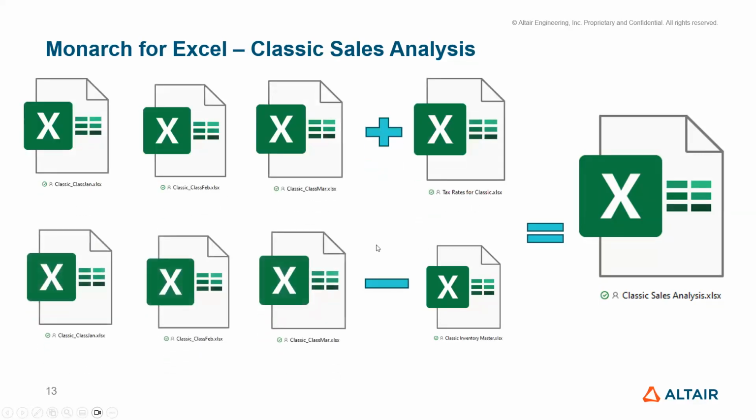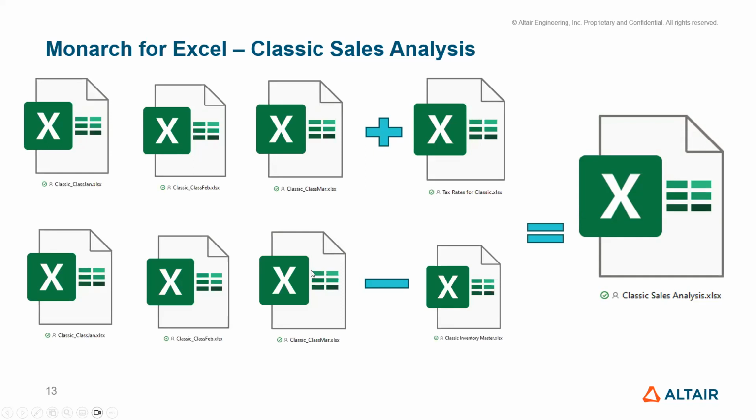So this is what we're going to walk through right now. I have three months of sales data in Excel files, January, February, and March, and I want to combine those three files so that I have my year-to-date sales, and then combine it with some tax rates so that I can create my sales tax.